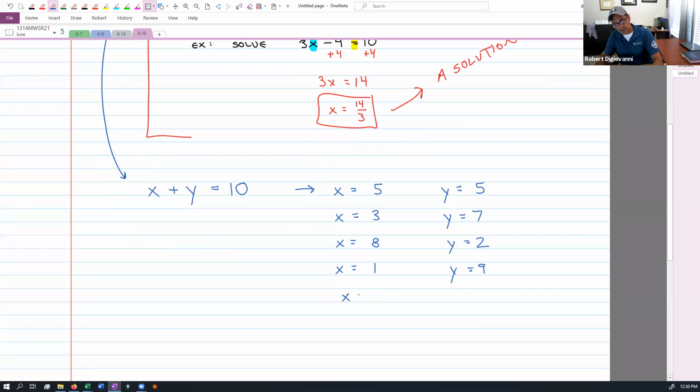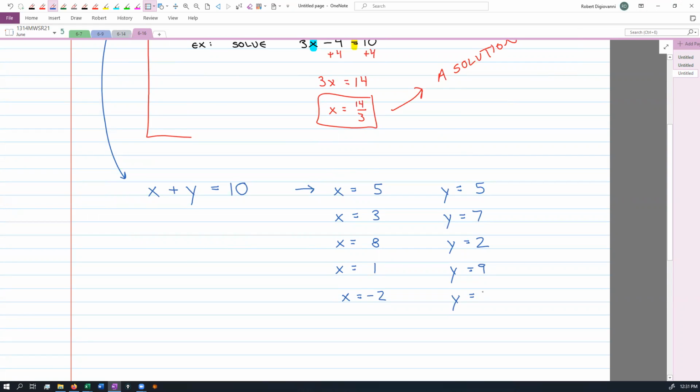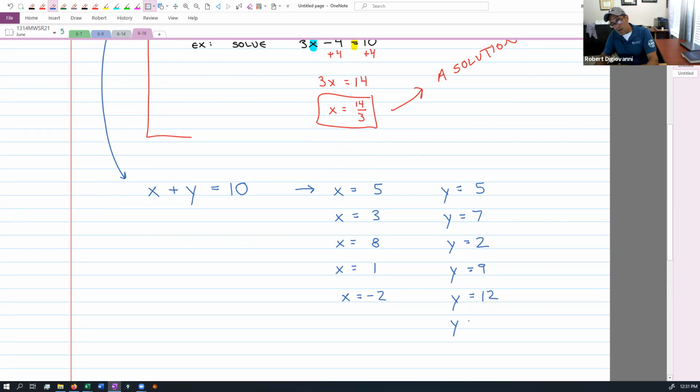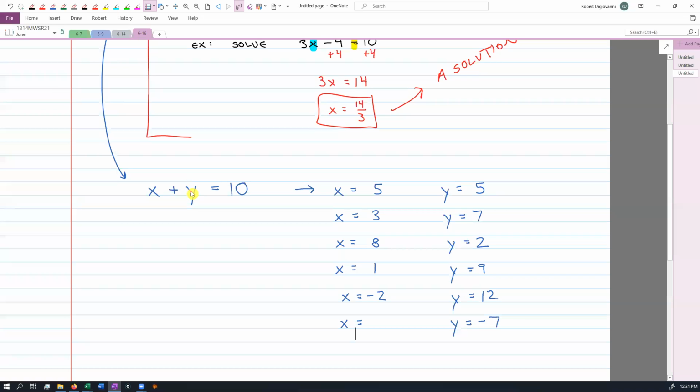Like this. What if I say x is -2? Can somebody tell me what y would have to be? 12. 12. And what if I tell you that y is -7? What would x have to be? 17. 17.